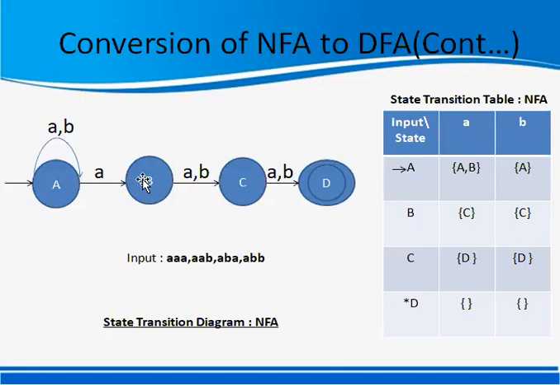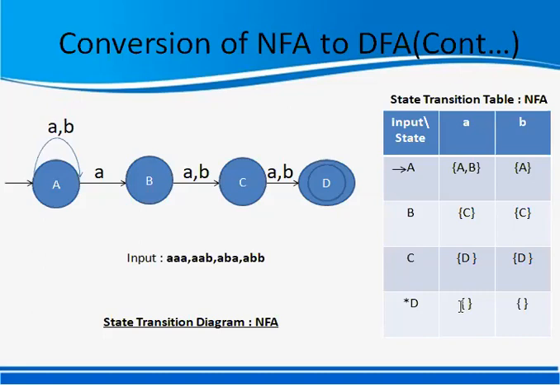Now from state B on input small b, the next state will be C. So we have written here C. Now starting from state C on input small a, the next state will be D. So we have written here D. Now from state C on input small b, the next state will be D. So we have written here D. Now from state D on input small a, there is no transition available.